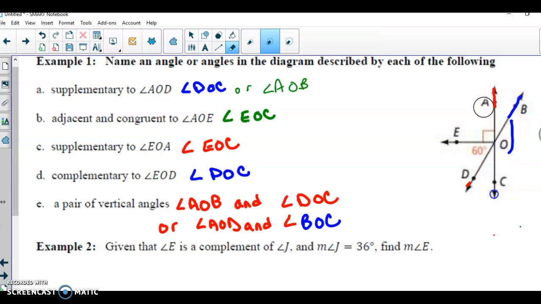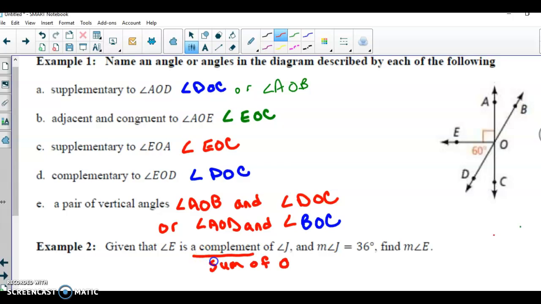Okay, example 2. Given that angle E is a complement of angle J, and measure of angle J is 36 degrees, find the measure of angle E. Well, complement means sum of 90 degrees. So, if J is 36, then E is going to be 90 minus 36.